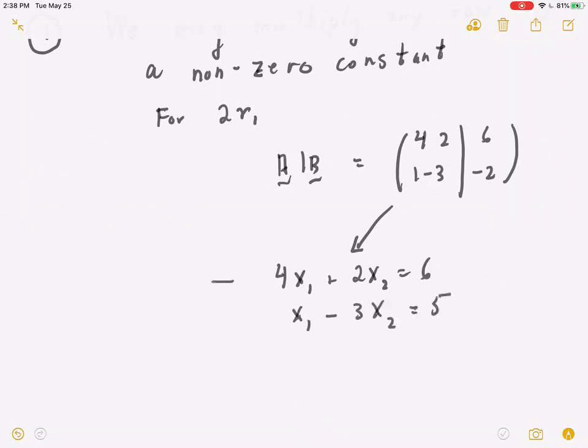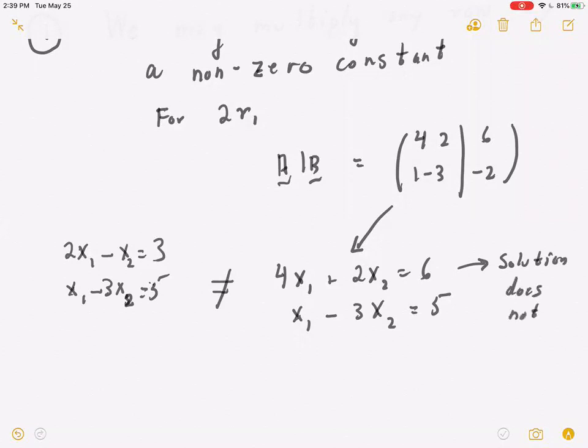Note that these are different from the original equations you would get from the augmented matrix before you applied the elementary row operation. So I get a different set of equations, but the solution does not change.